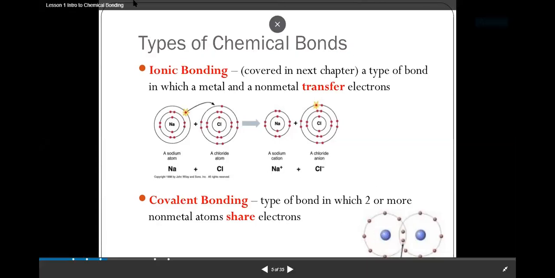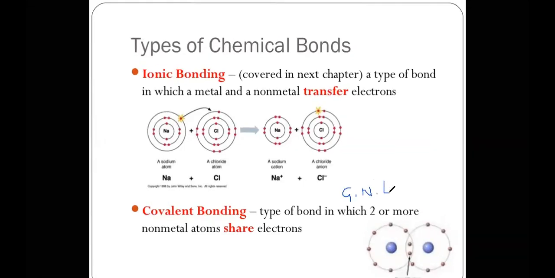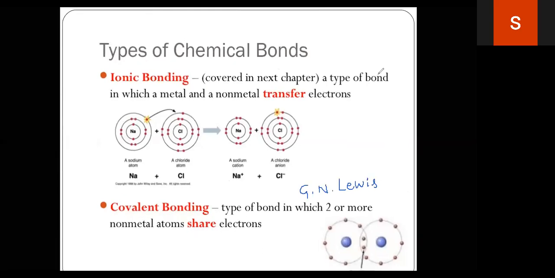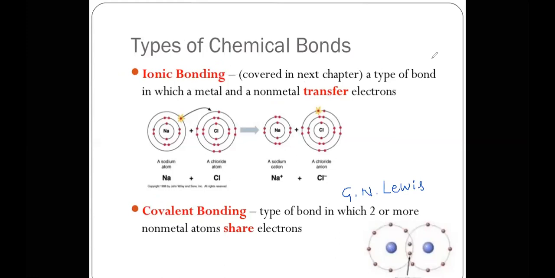He was the scientist who gave the covalent bond. The dot structure we have studied in chemical bonding was introduced by G.N. Lewis.